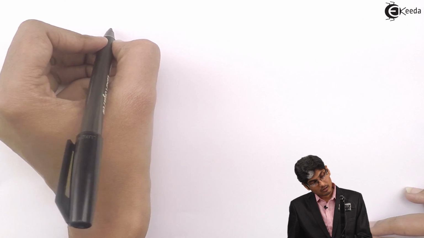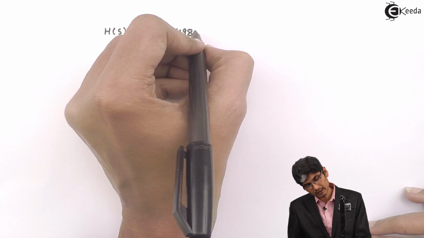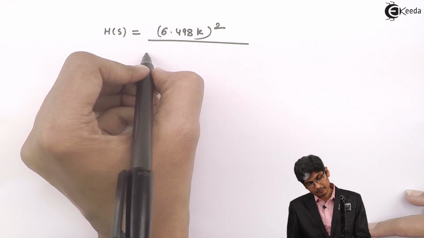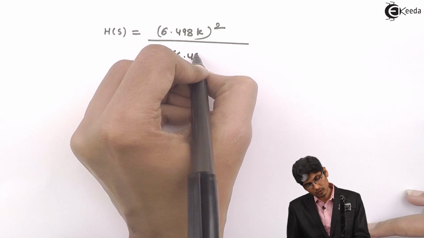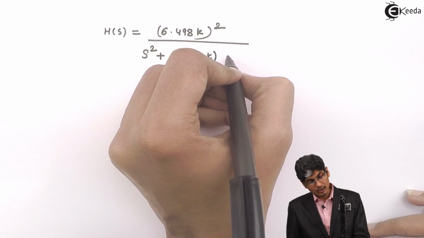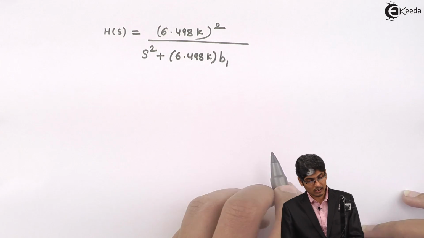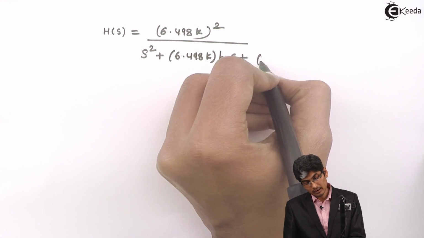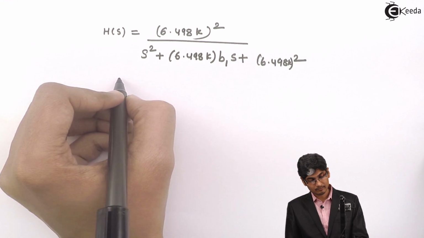The cutoff frequency for our case was 6.498k, therefore H of s will be equal to 6.498k the whole square divided by s square plus omega c, which is 6.498k, into bk, or bs, which I wanted to find, which in this case we have only one factor, that is b1 of s, plus omega c square, which is 6.498k the whole square.